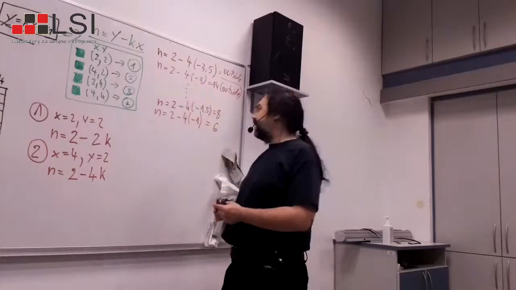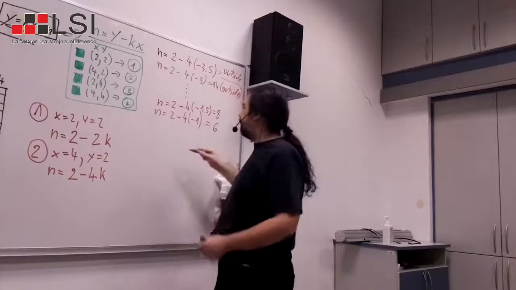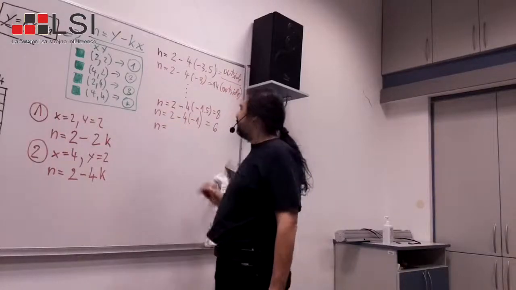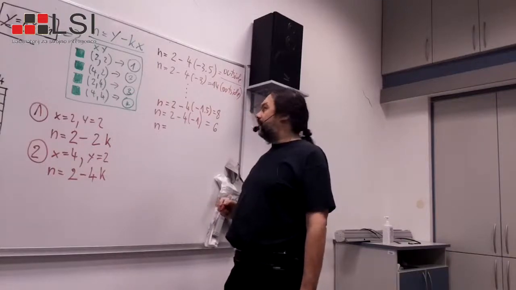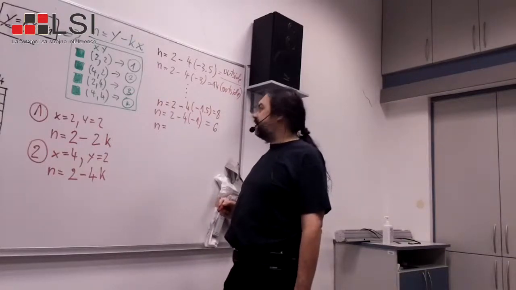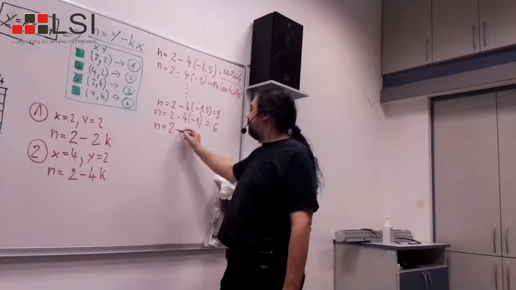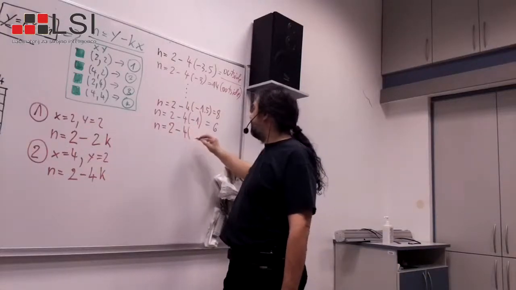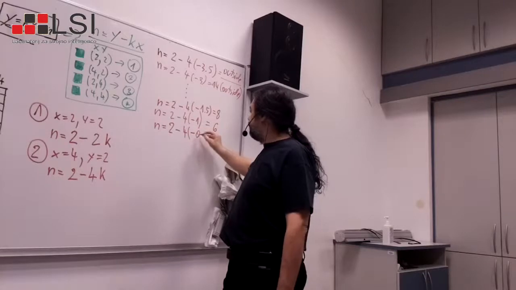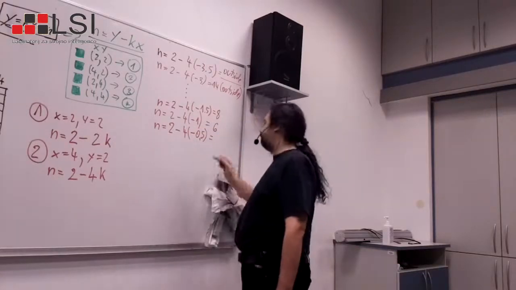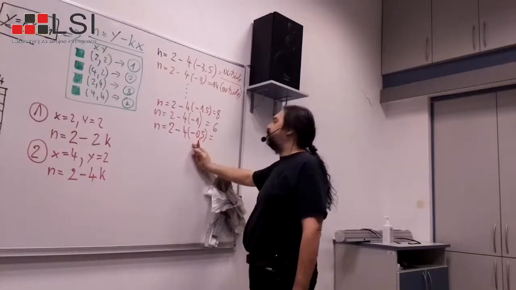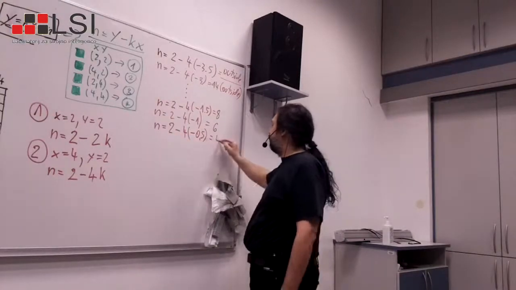And let's make another calculation for another value of k. So n is now 2 minus 4 times minus 0.5, okay? And this would be plus 2, so plus 2 plus 2 is 4, of course.